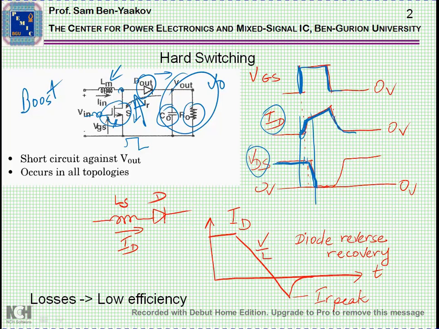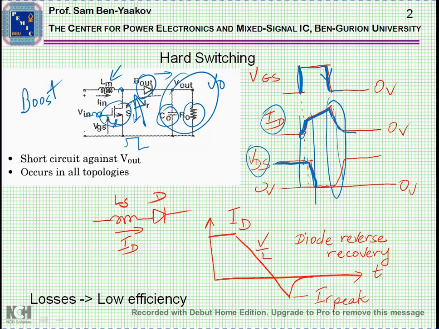Now, since this happens every transition, this will be dependent on the frequency. The higher the switching frequency, the higher the losses, which limits the highest frequency you can operate in an efficient way. The same thing actually happens at the turn off. This is the turn off.